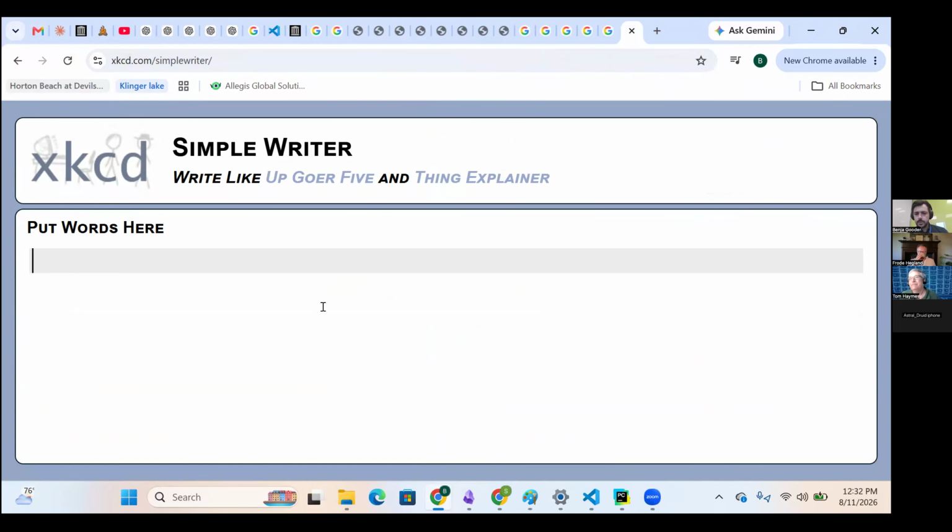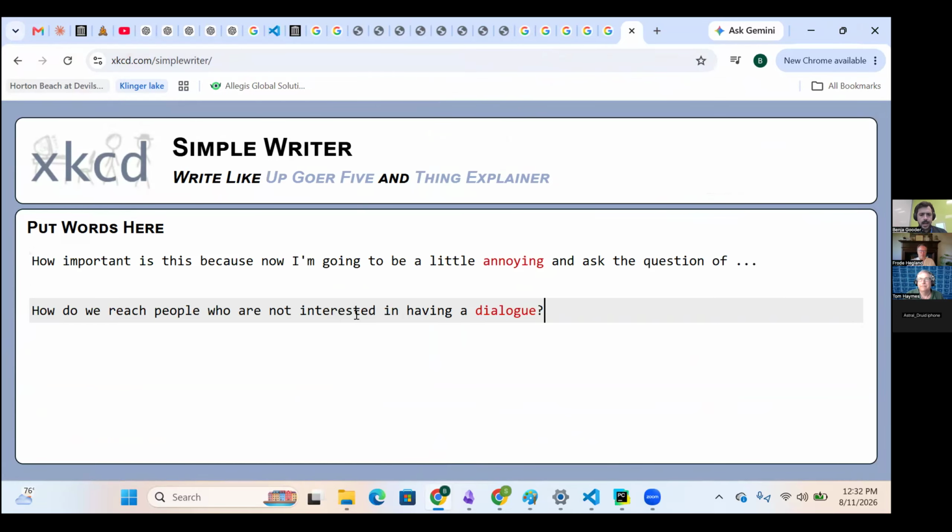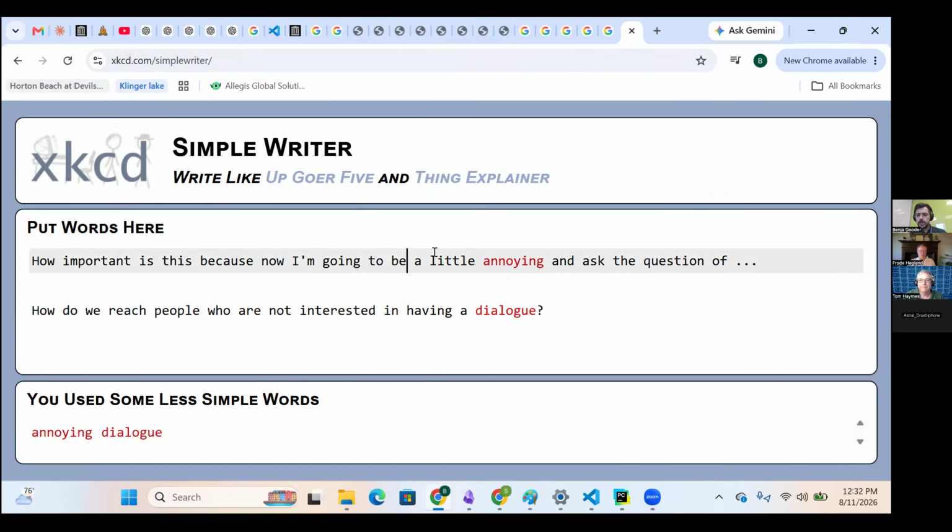We've got something called the Symbol Writer, which I think is very fascinating. You can put in different words here, and it will only allow you to put in words that are within, I think, maybe the 150 or maybe the 500 most common words in the English language.